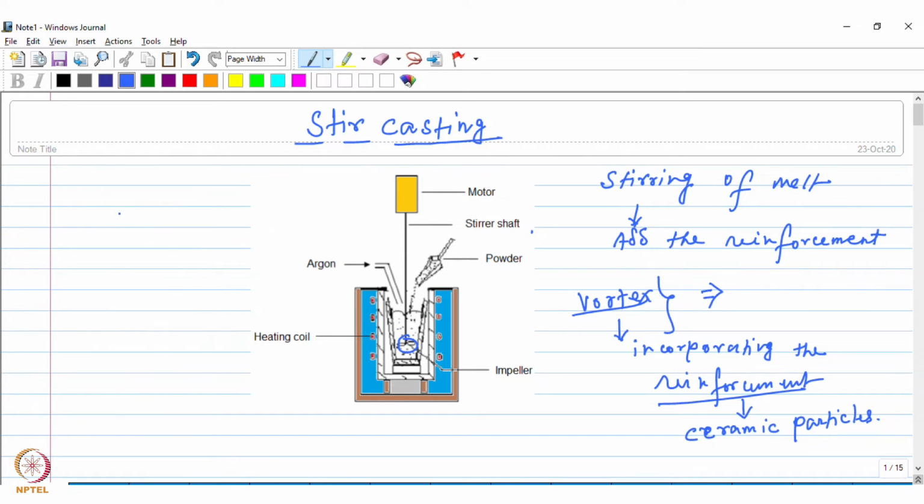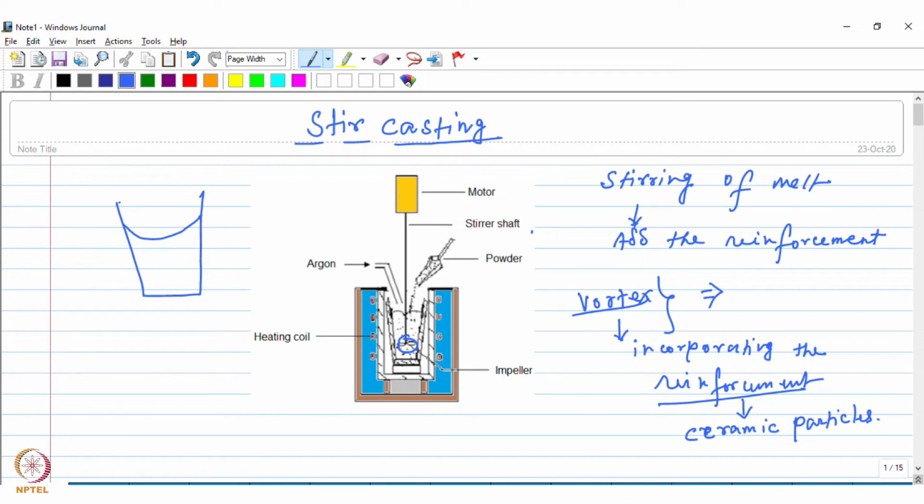Basically, it will create some kind of vortex as you agitate the melt by high speed rotation of the impeller. You can physically see that this will create a vortex or a whirlpool kind of thing in the molten metal.